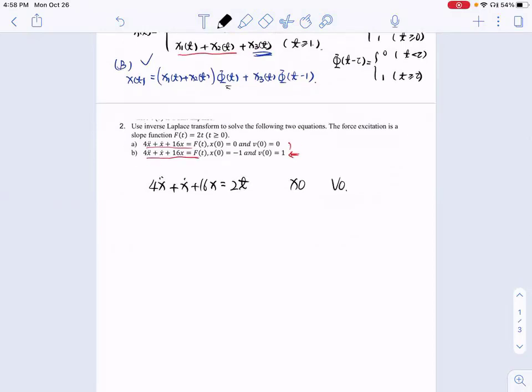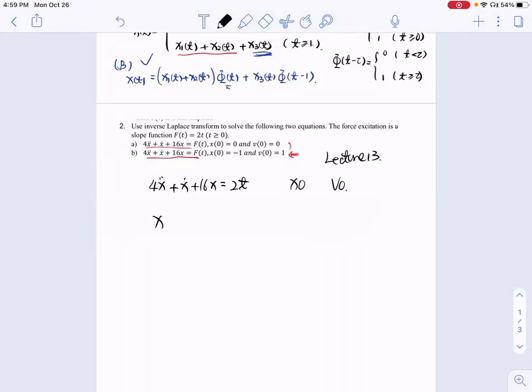So then you need to go to which lecture? I think it's lecture 13, I believe. Yes, you need to go to lecture 13. There is an equation there. It tells you how to do the Laplace transform.